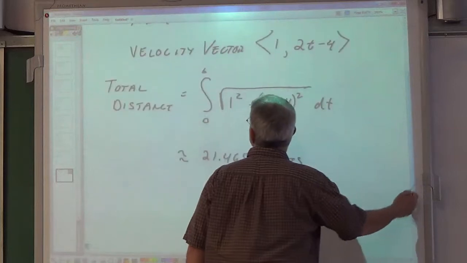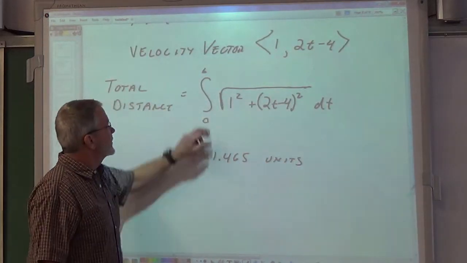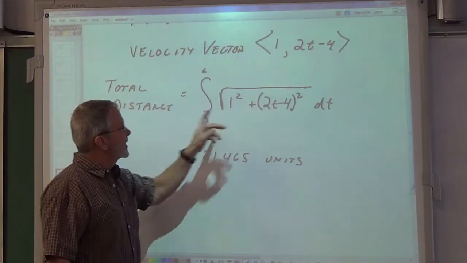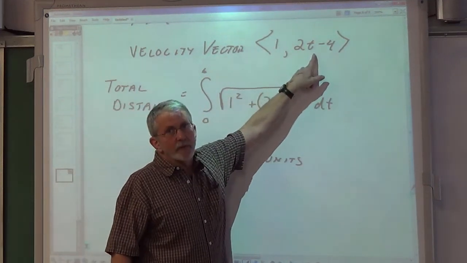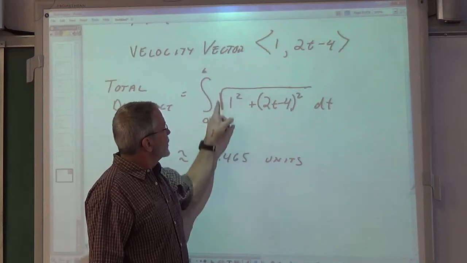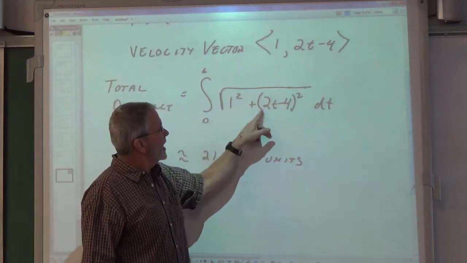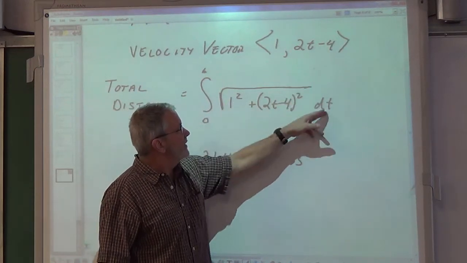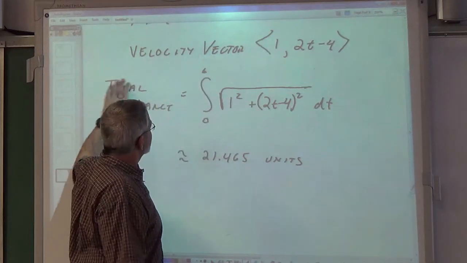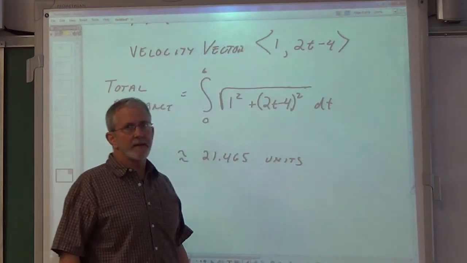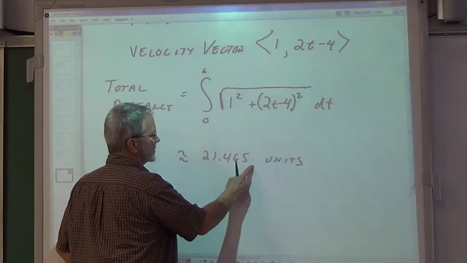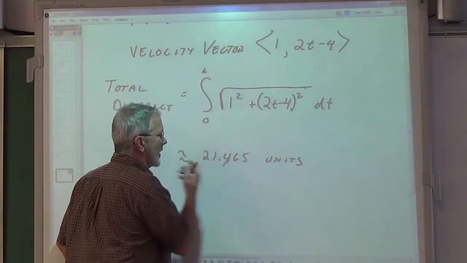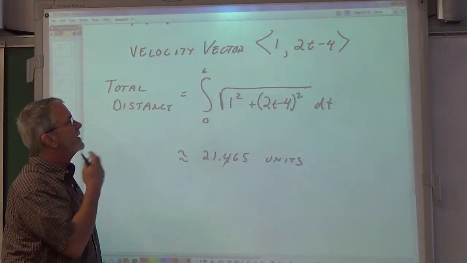So the total distance is going to be the integral from 0 to 6 of the square root of 1 squared plus the component of velocity squared, which is 2t minus 4 squared, dt from 0 to 6. That's the total distance. I put this into my calculator, and it comes out to 21.465 units. That's how far that bug crawled in 6 seconds.